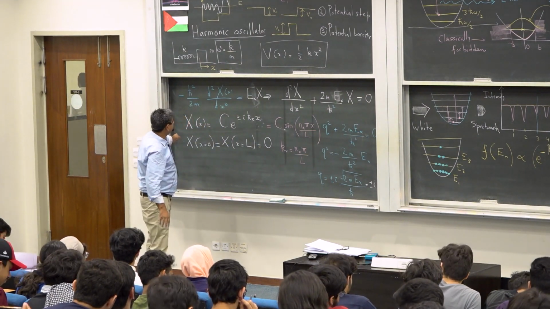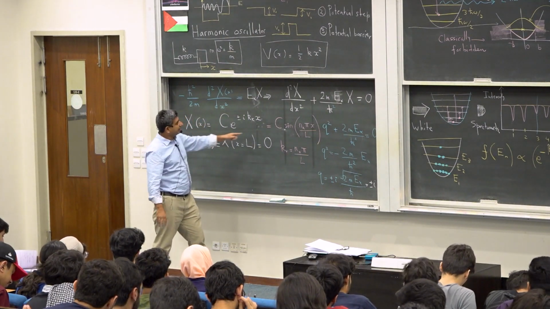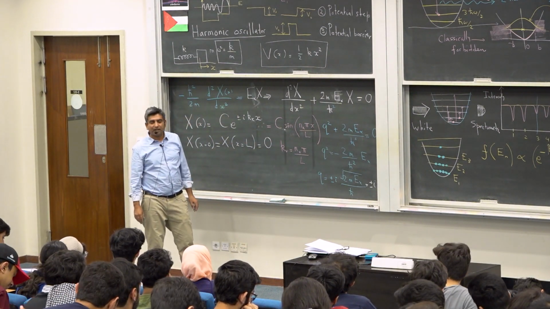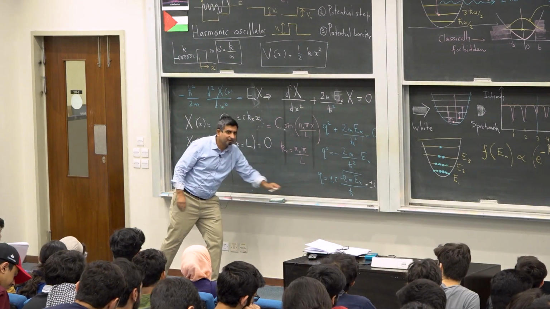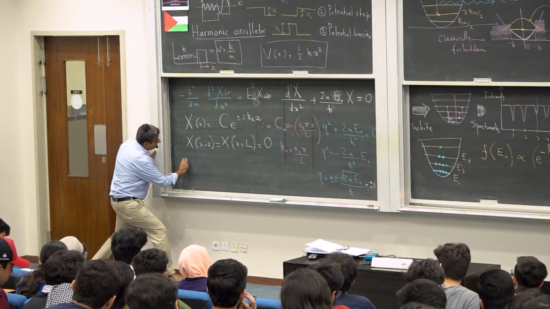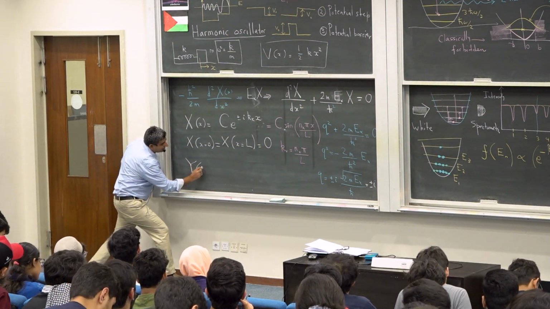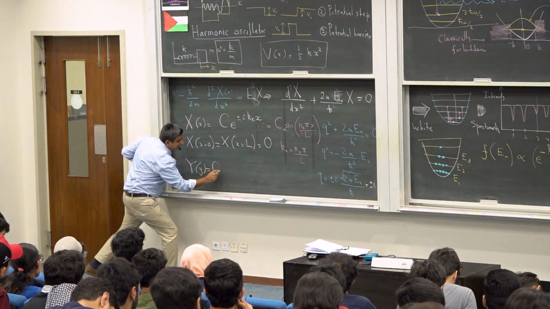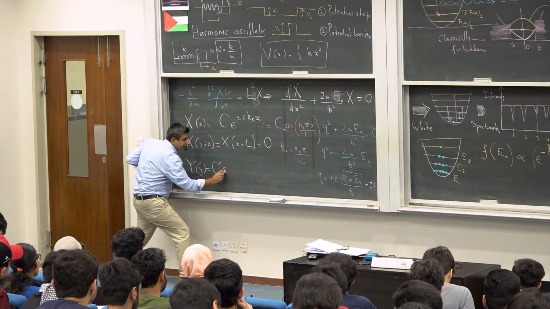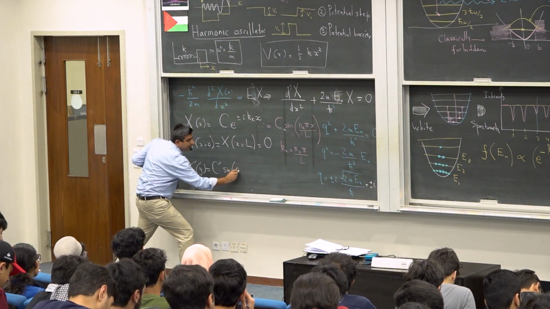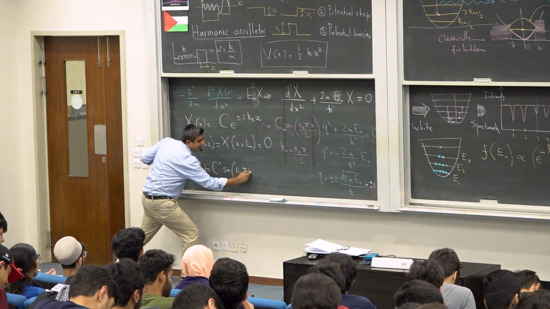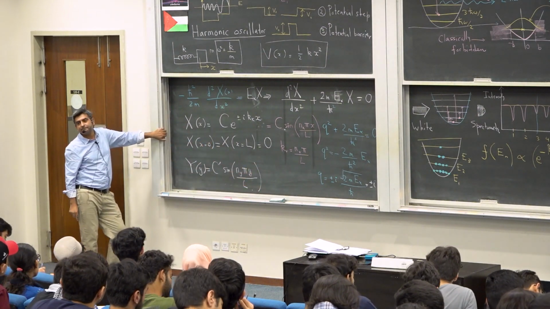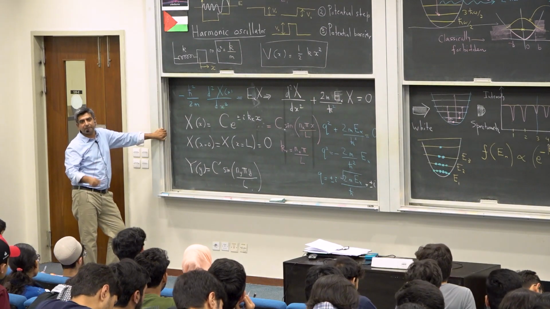So this is the x part of the wave function. What is the y part of the wave function? Some c, let's call it c prime, sine of ny pi y over L. Exactly in a similar fashion.